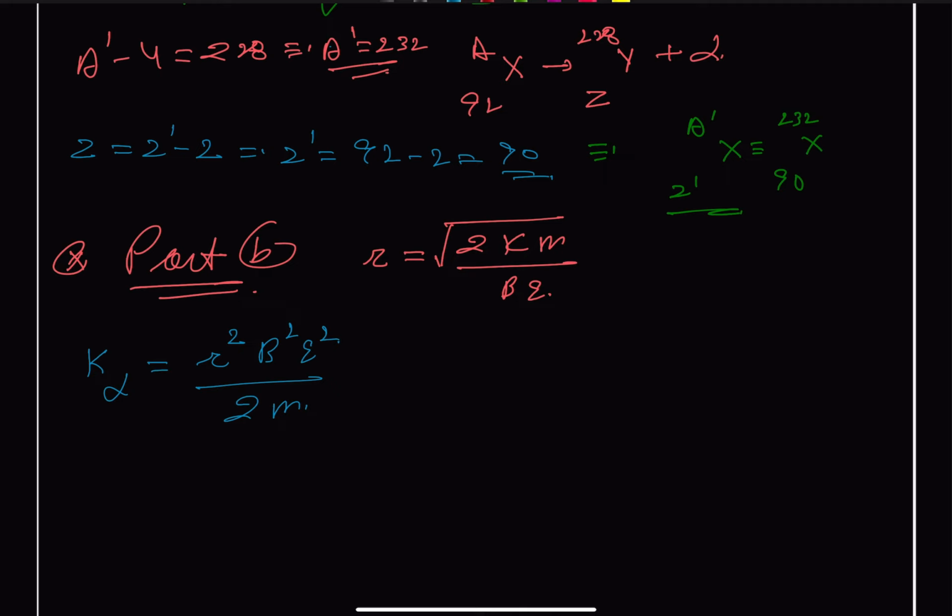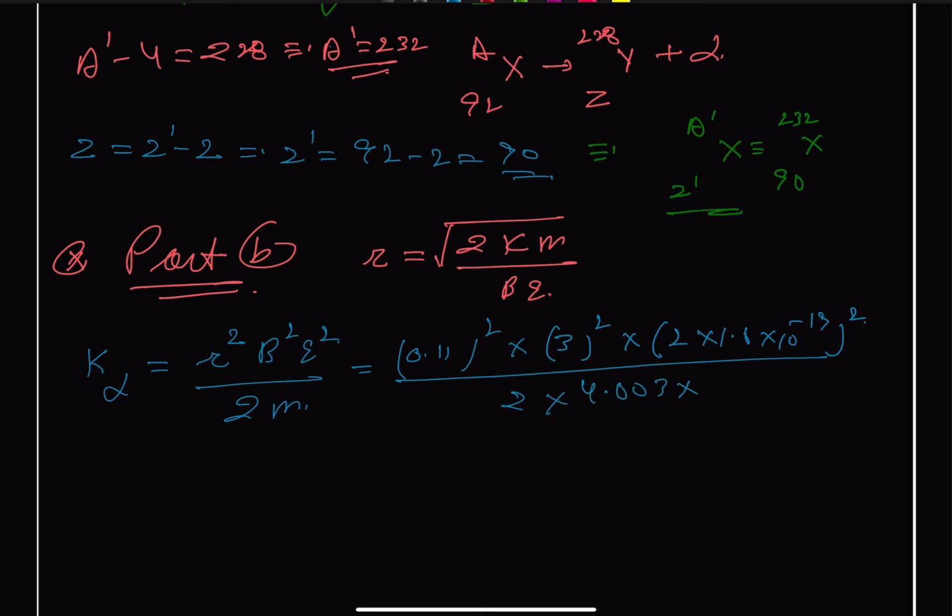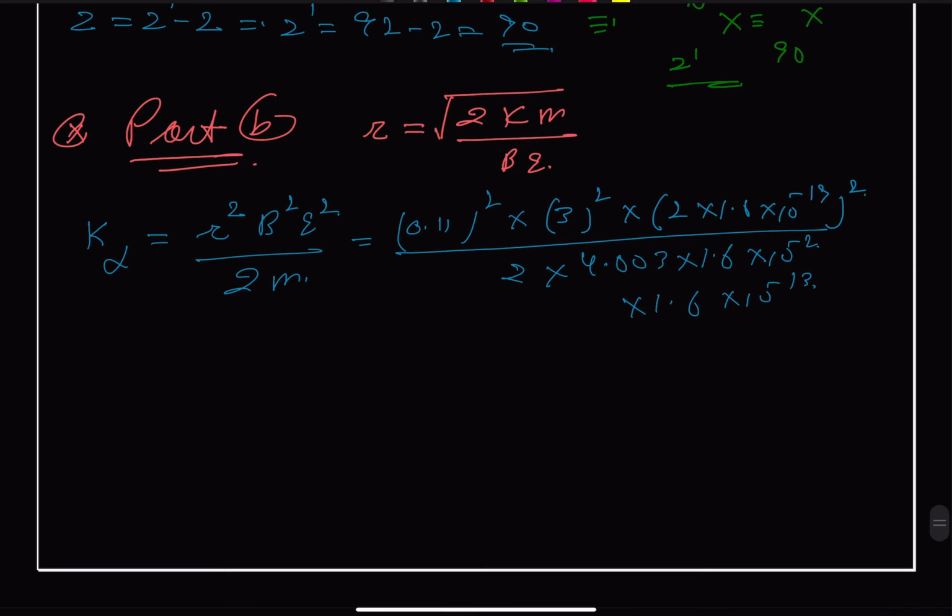And we know the values. This is 0.11 whole square, magnetic field is 3 Tesla, and charge is 2 into 1.6 into 10 to the power minus 19 whole square, and this is 2 into mass, which is 4.003 into 1.6 into 10 to the power minus 27, and divided by 1.6 into 10 to the power minus 13, because we need this in mega electron volt.